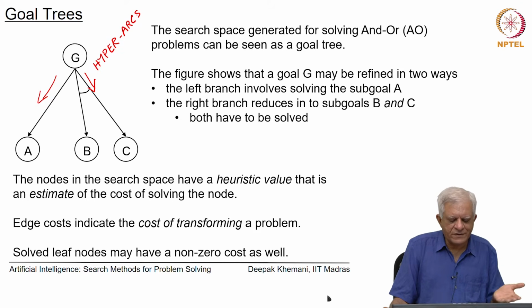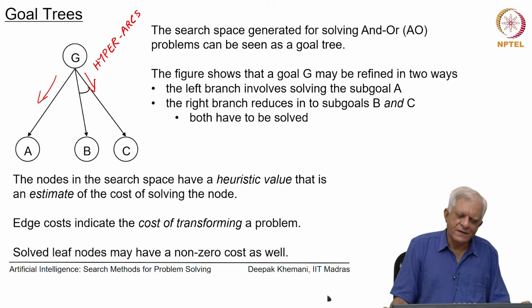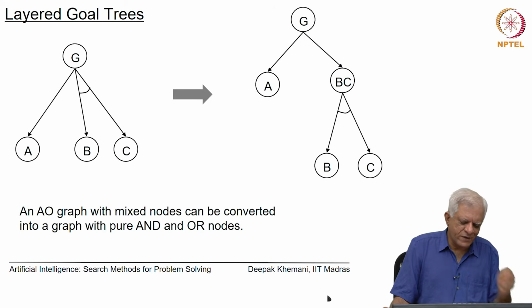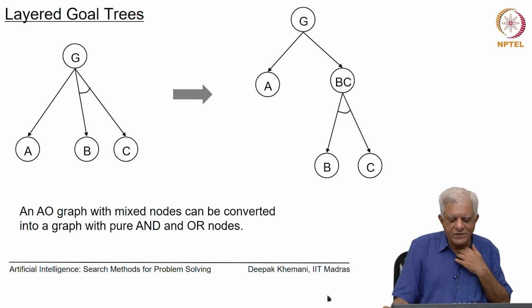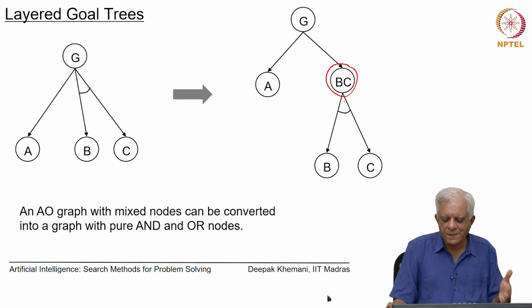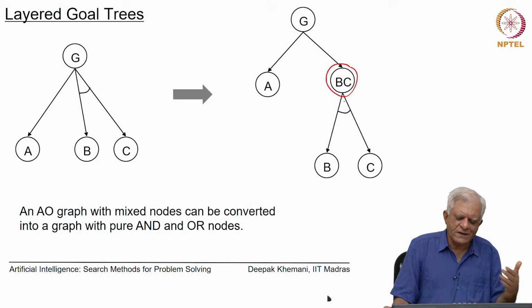In this, we can't call G either OR or AND, or we can call it OR if we think of BC as a hyperarc, but we can also always reduce it to something neater or cleaner, in that instead of BC we introduce a new node which we call BC, which itself is broken down into this thing.